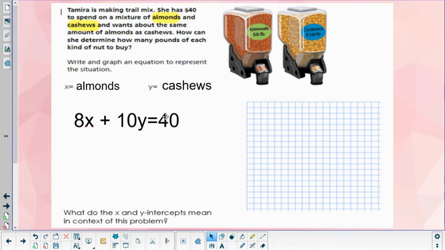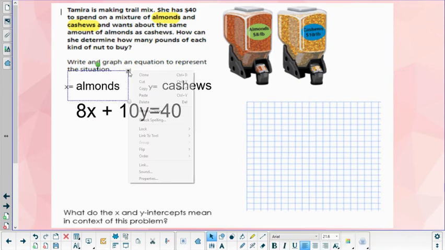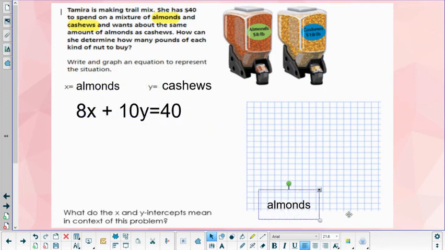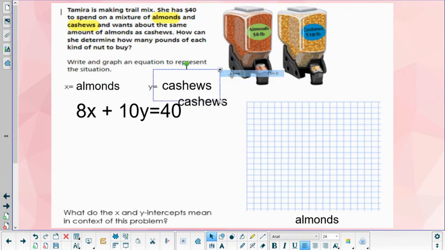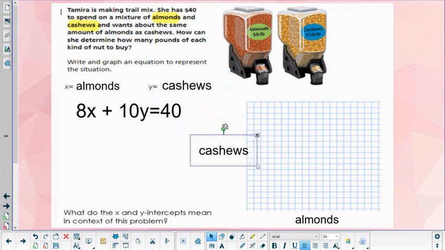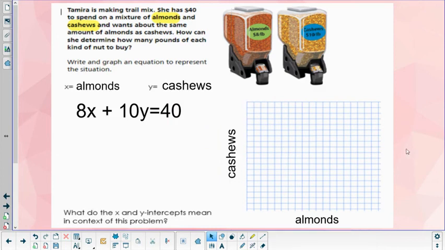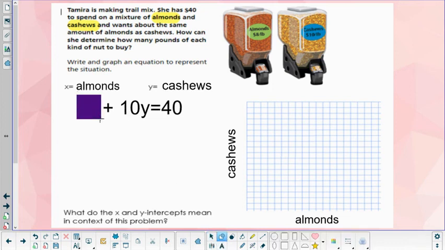Okay, so if we go ahead and label our graph here, I'm going to clone this. We're going to make our almonds our x-axis, and our cashews our y-axis. And before I start labeling any numbers, I am going to go ahead and solve my intercepts. I kind of think it's going to end up being counting by ones, but we're just going to double check just in case. Okay, so if I use the cover-up method, I'm going to cover this up.